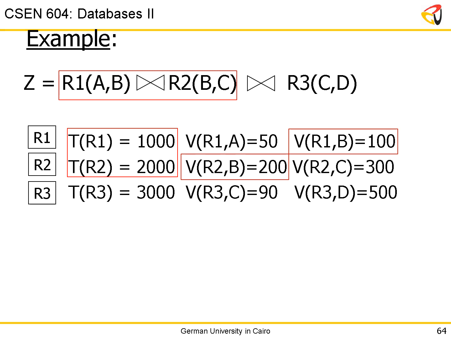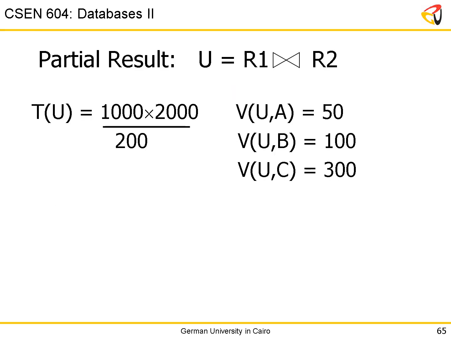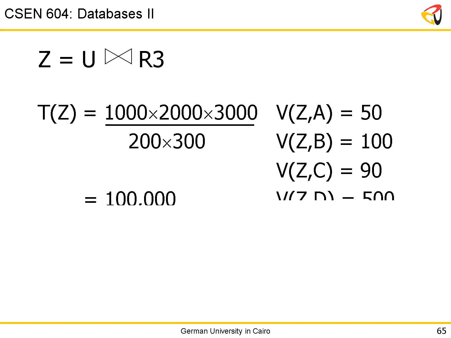So it's going to be TR1 multiplied by TR2 divided by the maximum of the two, which is 200. That will give me a new table U, and then I will do a join between U and R3. Okay, so this is my U with the different parameters. Okay, and then I will join it with R3.